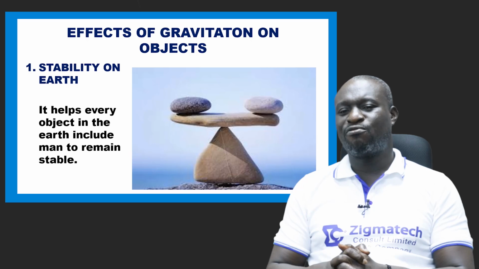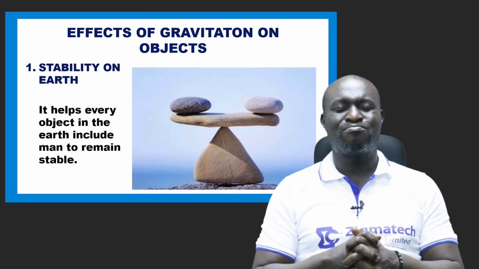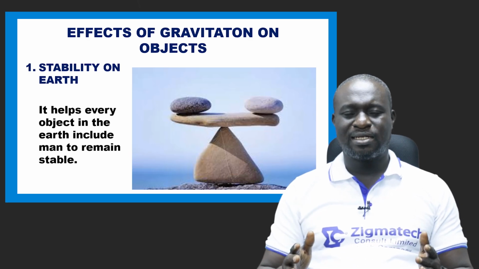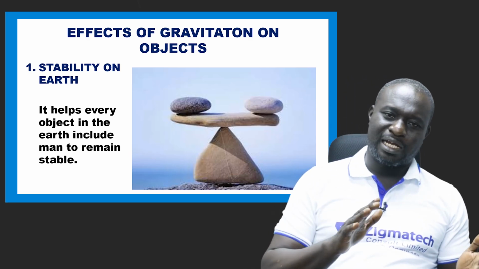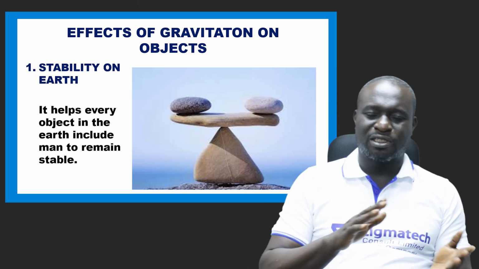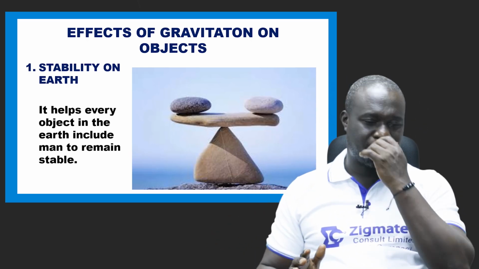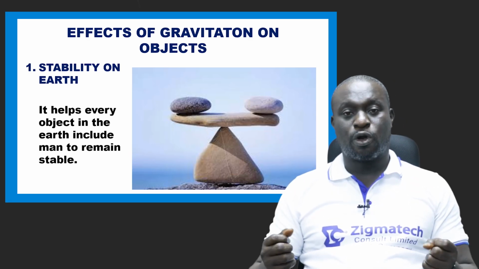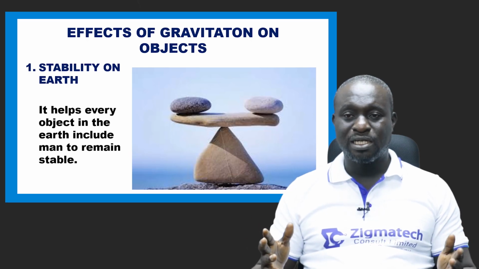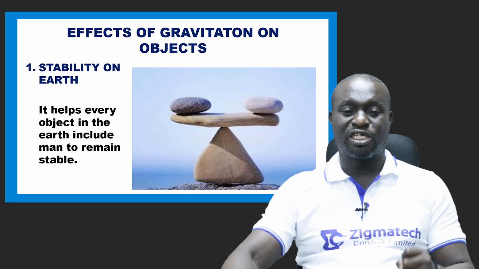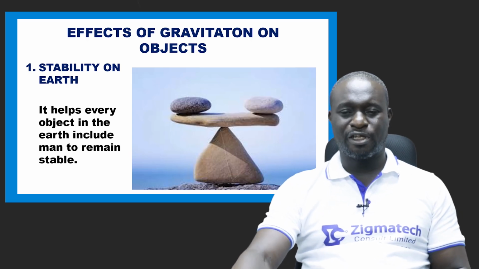Now, it helps every object on the Earth, including man, to remain stable. So you can stand at a place without tilting to the end or without falling to the right or the left. You have stability because of what? The gravitational force of the Earth. Our cars, our buildings, all have stability because of the gravitational influence of the Earth.